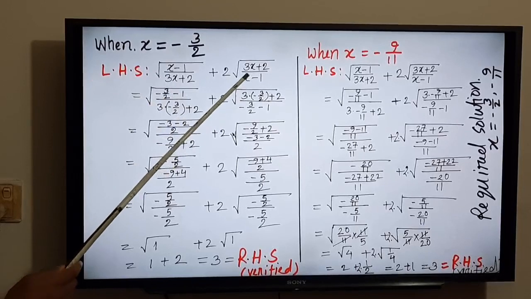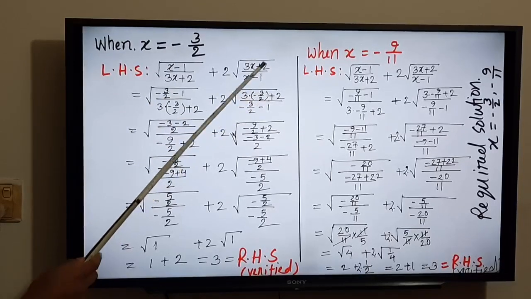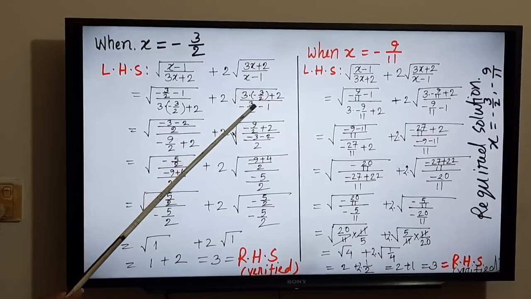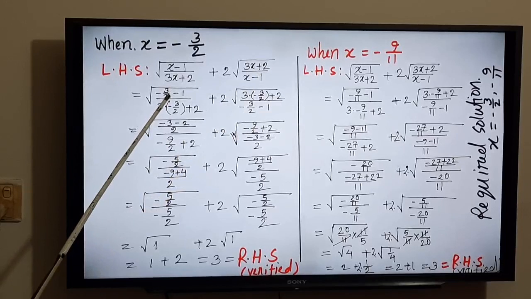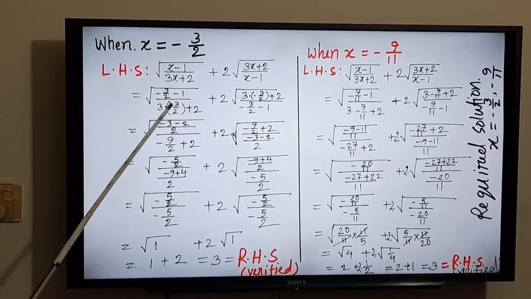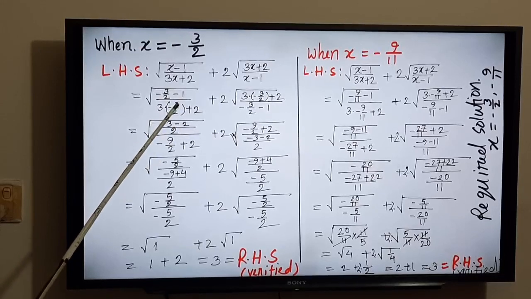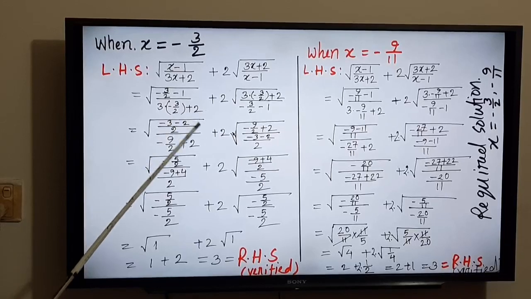Then taking the LCM in the above terms, in the numerator 2 minus 3 minus 2, and in the denominator 3 into minus 3 is minus 9 by 2 plus 2.